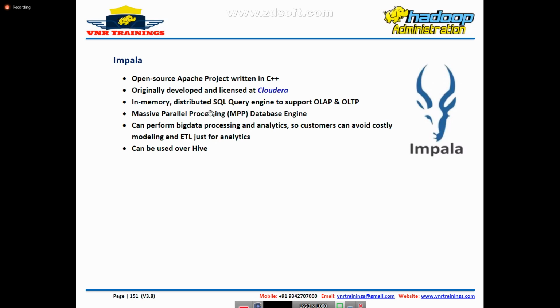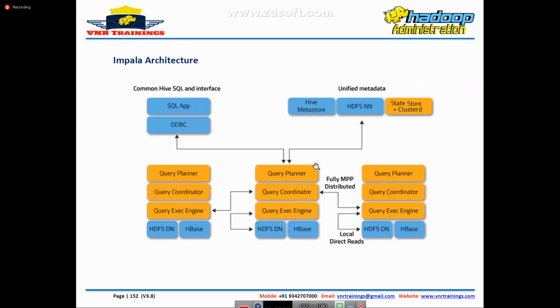Obviously yes. So now this is the Impala architecture. On the master services you will have statestored and catalogd. Some people call it cluster D also. Statestore and catalogd, both are the same. On the data node and node manager machines, you will have the Impala daemon.